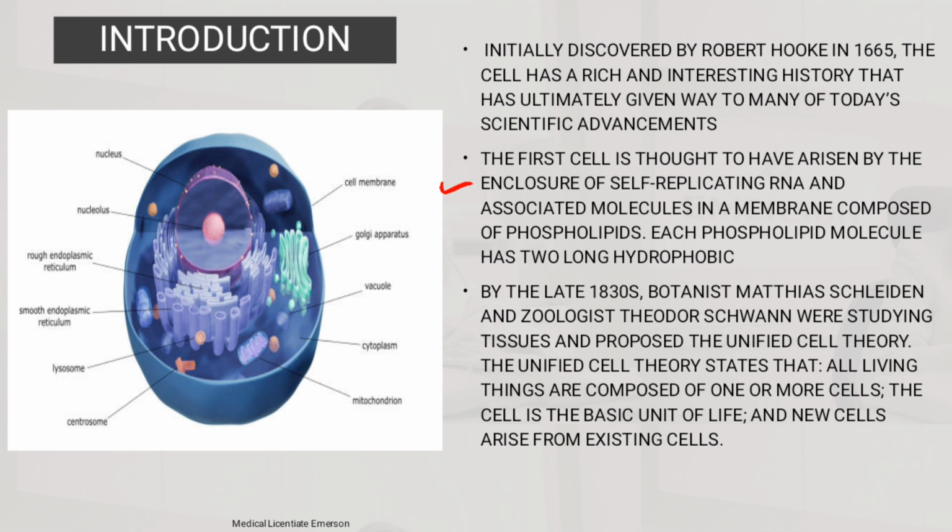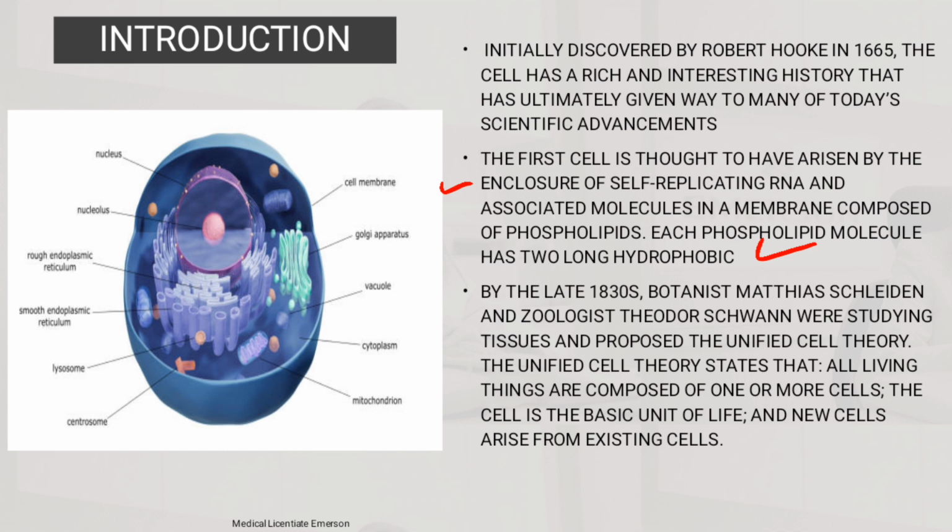The first cell is thought to have arisen by the enclosure of self-replicating RNA and associated molecules in a membrane composed of phospholipids. Then by the late 1830s, botanist Matthias Schleiden and zoologist Theodor Schwann were studying tissues and proposed the unified cell theory.